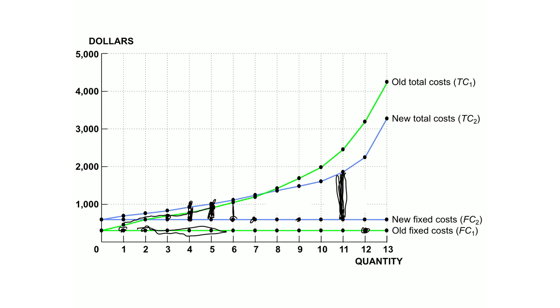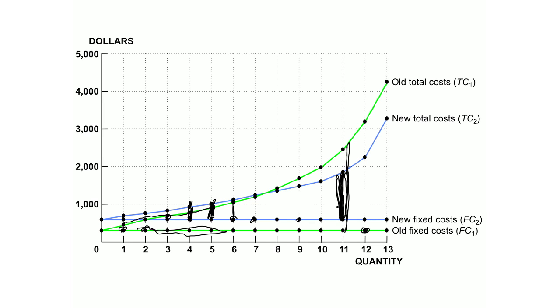The fixed costs are higher at that point than in the green, but the variable costs are smaller. The variable cost for the smaller size firm would be this whole distance here, the longer distance. And so you can see, because the firm now has more capital, it's able to produce the same amount of output, but in this case with a smaller variable cost, a smaller amount of labor costs.